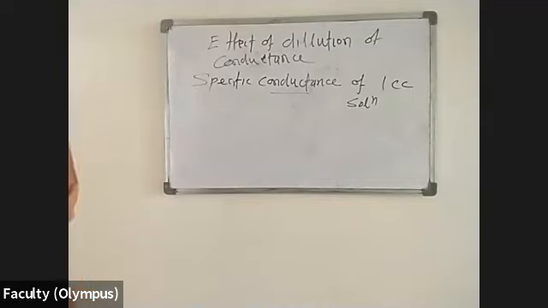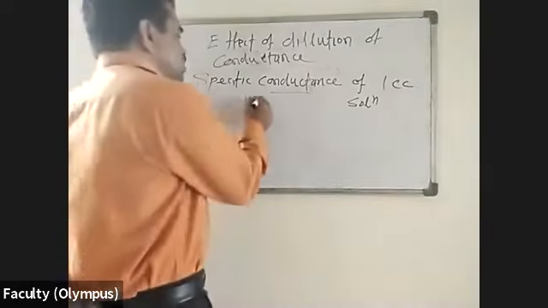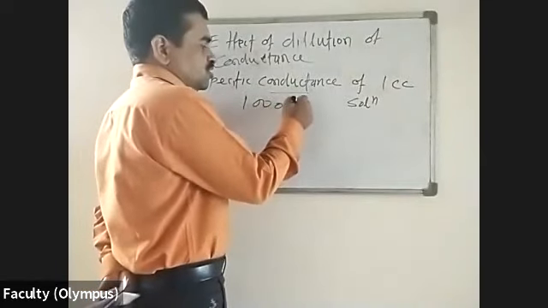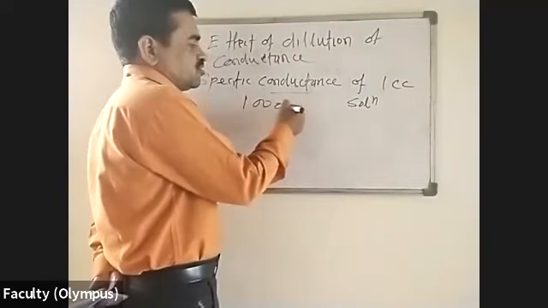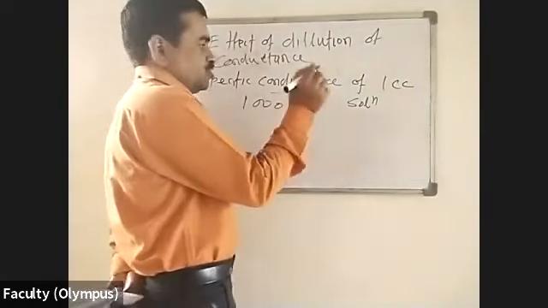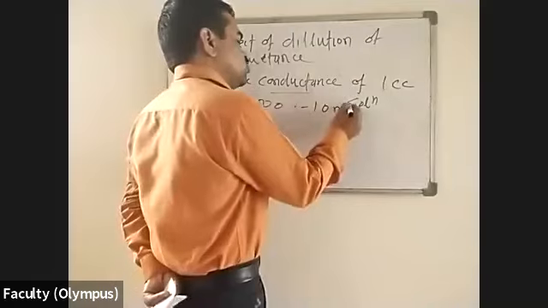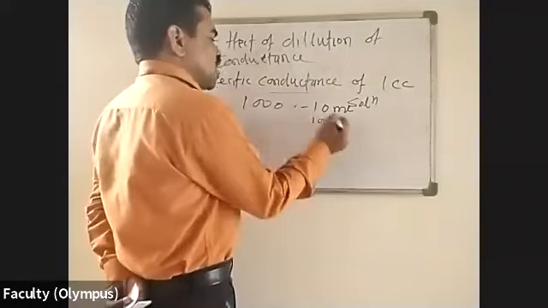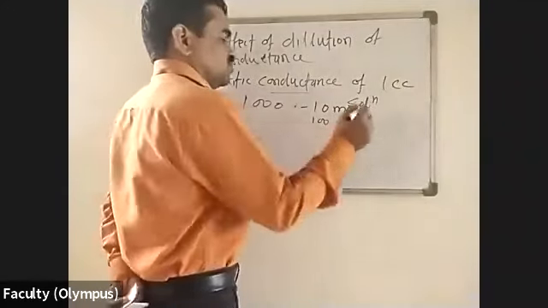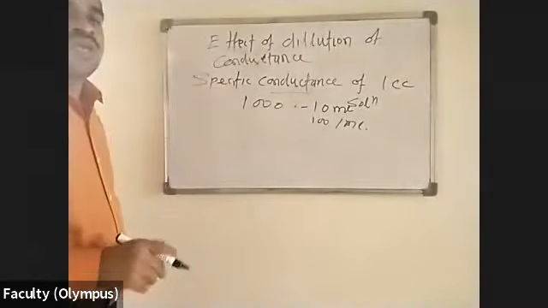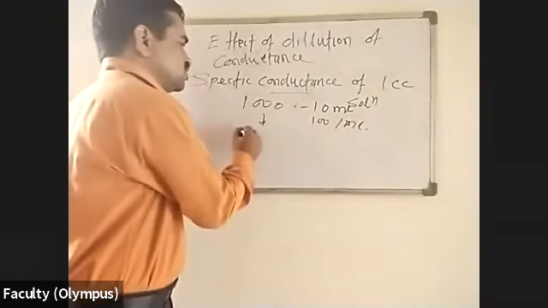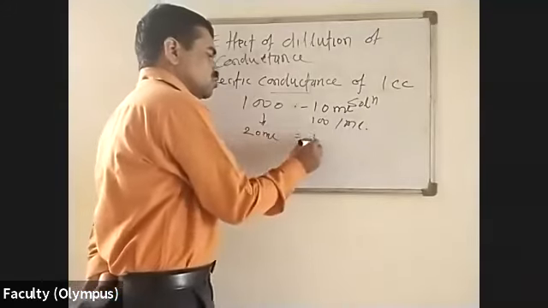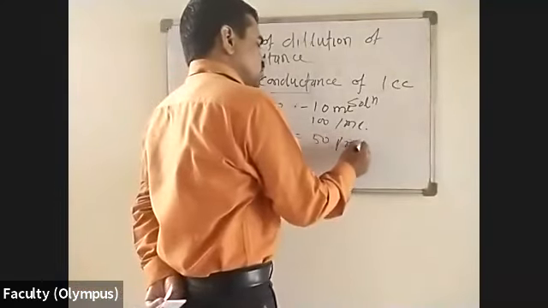Okay. Now, if we have dissolved 1000 molecules of NaCl, then there are 1000 Cl and 1000 Na in 10 ml of solution. Then there are 100 ions per ml. If we dissolve the same number of ions in 20 ml, then there will be 50 ions per ml.